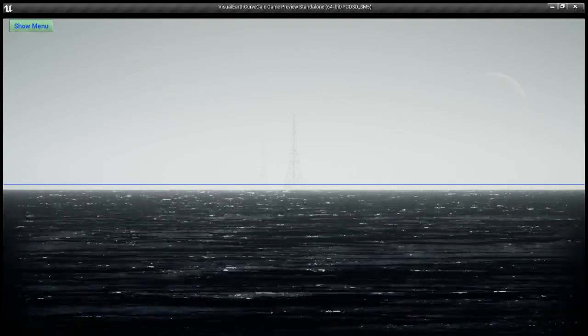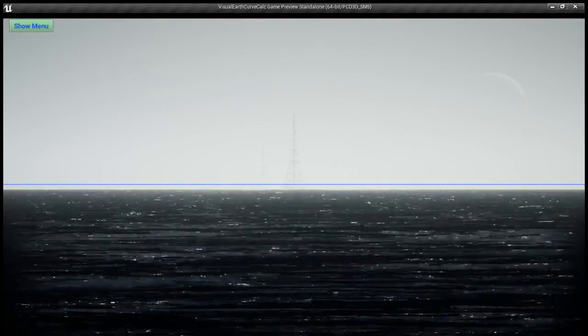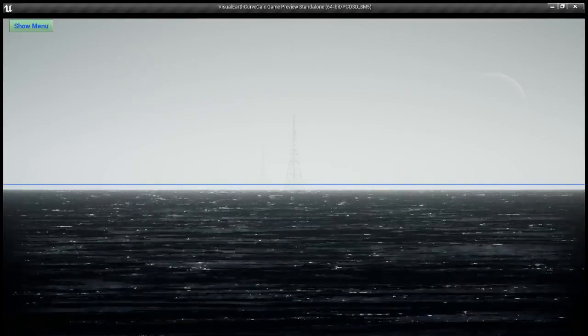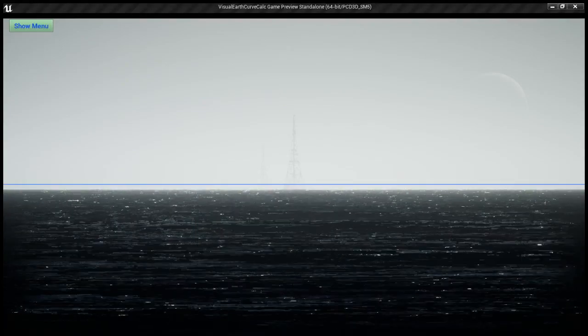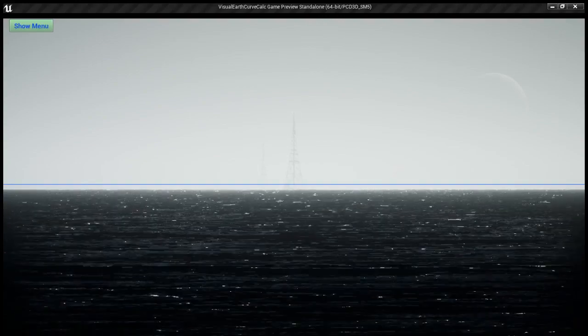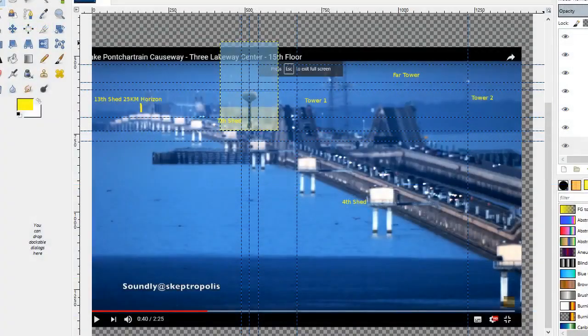Alright, so I'm going to do a little sneak preview of what I'm working on for Soundly's observation. Just share my screen here. I haven't done an updated rendering of the water tower at different heights.